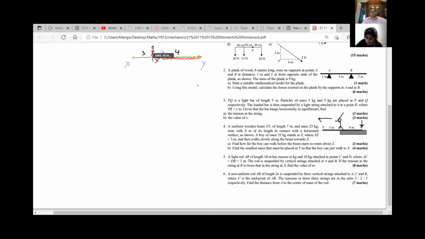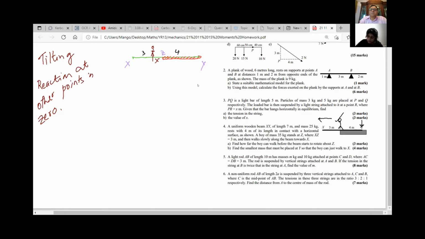So when it tilts, the important thing to understand is that the reaction at other points is 0. That's the condition.